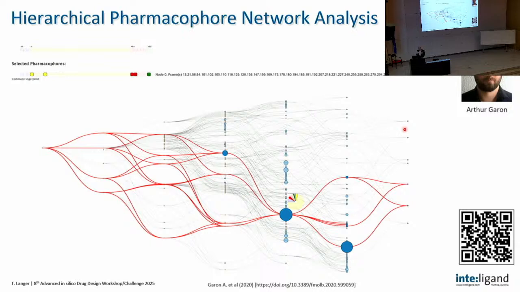Some of them do not appear at all, and so you need to make some artificial models. This is the PhD work of Arthur Garon, who is now at AstraZeneca. He published a very nice paper on this hierarchical pharmacophore network analysis.